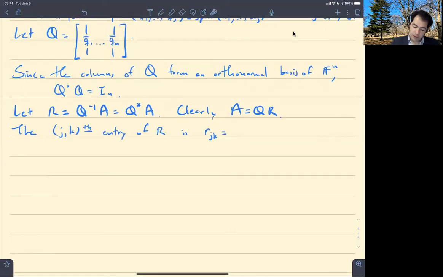Well, directly from here, and arguing as we did at the beginning of class, this is equal to Qj star times alpha k. And that is just the standard inner product of alpha k with Qj. Okay, so now let's see what happens if j is greater than k, right? I want to show that this is upper triangular, so I want to show that if j is greater than k, I get 0.